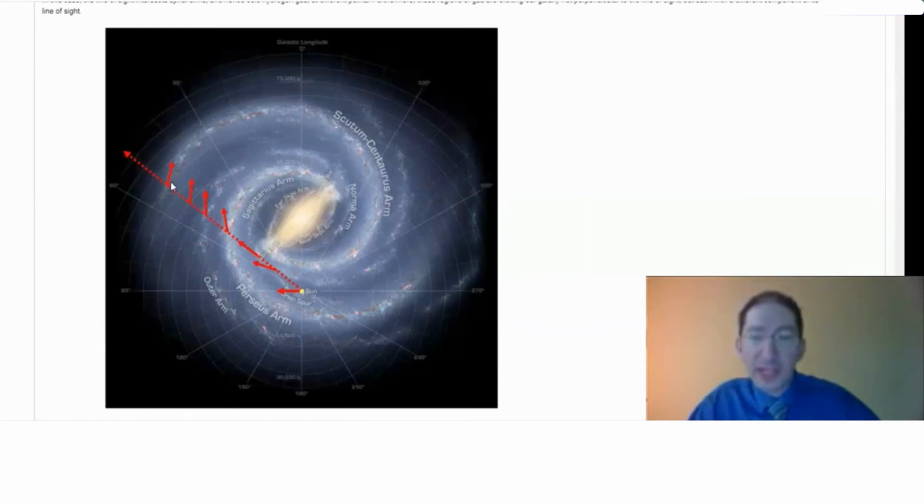And the direction of each of these arrows indicates that region's direction of motion about the center of the galaxy. What's different this time is that each of these arrows has some component of motion along the line of sight, which means the emission that we receive from each of these regions will be red shifted or blue shifted.